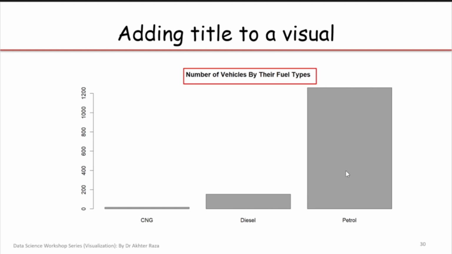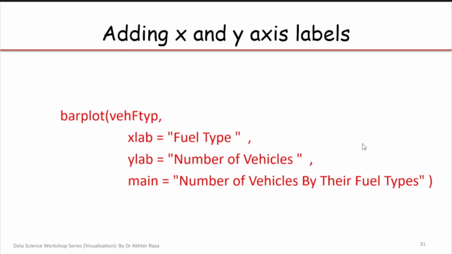If you want to include the X label and the Y label, you have to use the xlab and ylab parameters in the barplot function. So we have the option of xlab, the label is fuel type, ylab is the number of vehicles, and main is the number of vehicles by their fuel types.